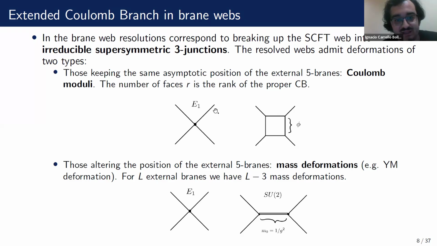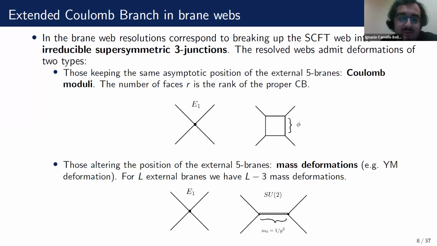So for example, here in the top example, we have this vertex, which we resolve into these four triple junctions, which are irreducible. We cannot open them up further, and they are supersymmetric. PQ charge is conserved. Doing this procedure, we can open up to r faces in the brane web, which is exactly the rank of the proper Coulomb branch.